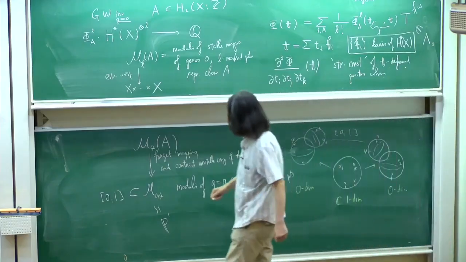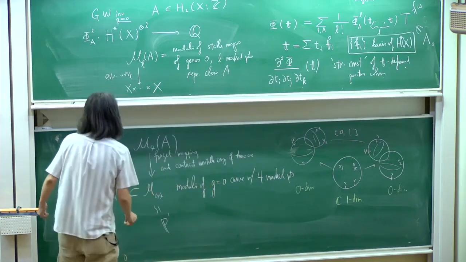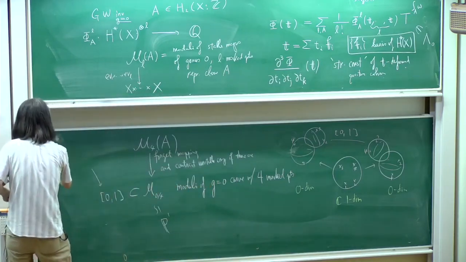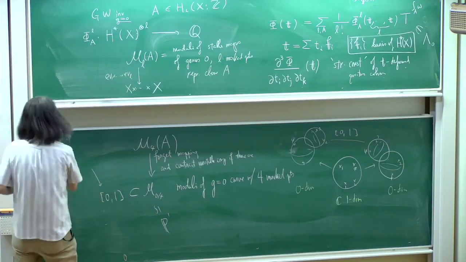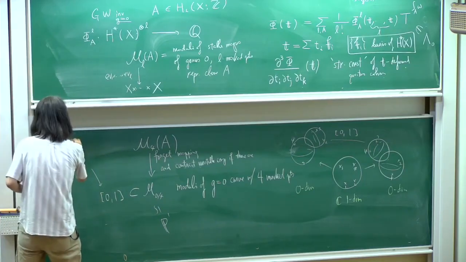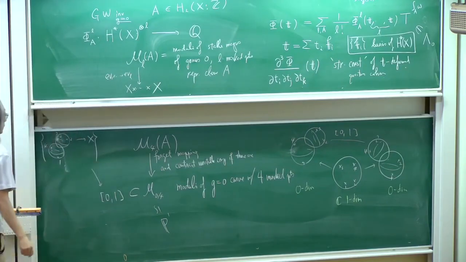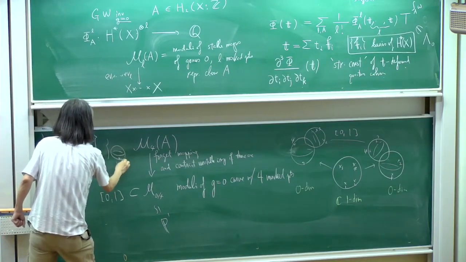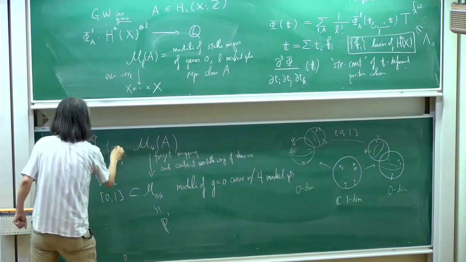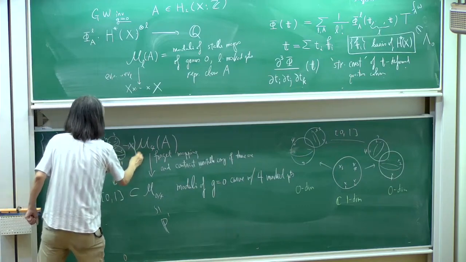And then over 0, you have a mapping from this and this, this is 1, 4, 2, 3, to X, such a thing. And over 1, I have a different one. Here is 1, and here is 2, and here 3 and 4, and the mapping to X.